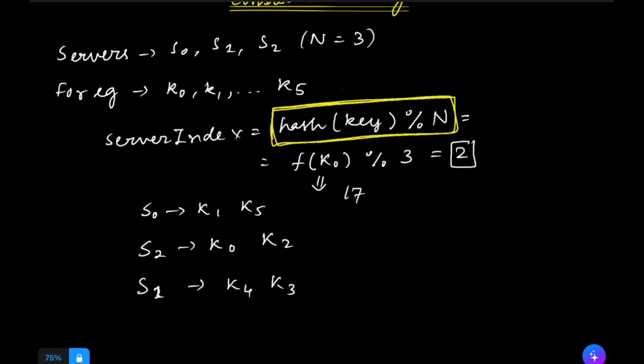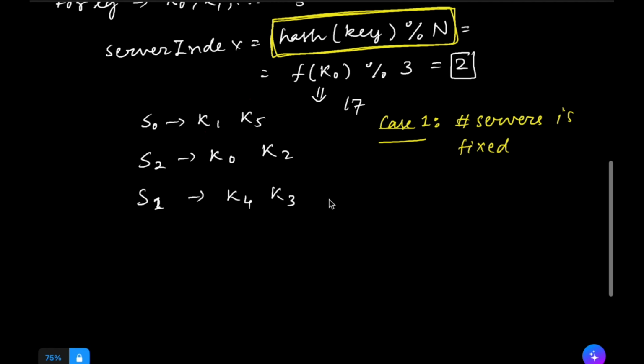Suppose we consider two scenarios. Case 1, when the number of servers is fixed. We have a huge influx of key value pairs, a huge influx of data, and we want the data to be evenly distributed in the multiple servers.